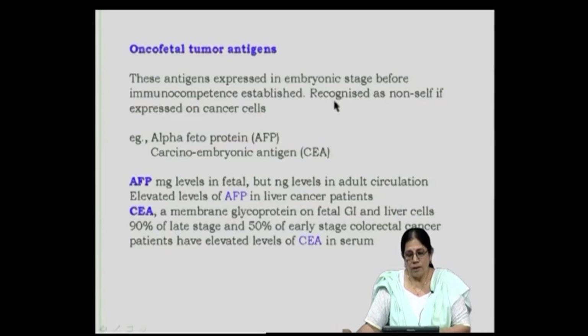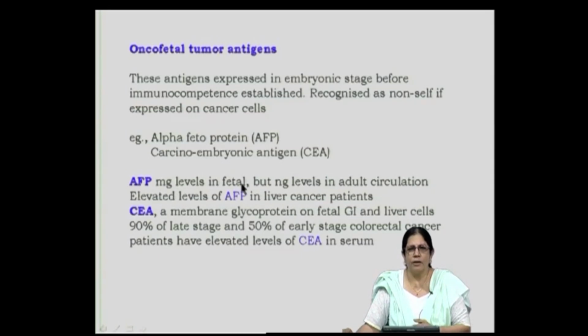Therefore, they would be recognized as non-self if they are expressed in adulthood. There are some cancers where, for example, alpha fetoprotein is present in milligram levels in the fetus.